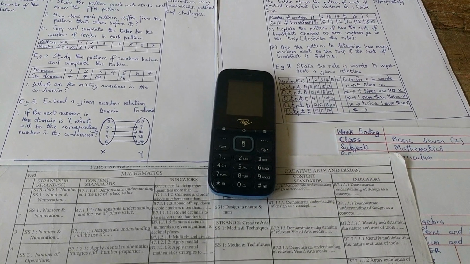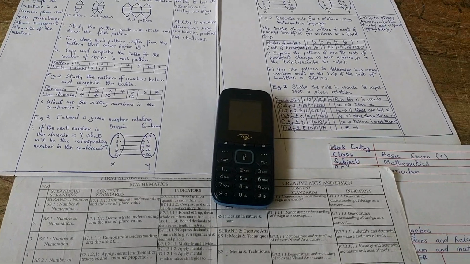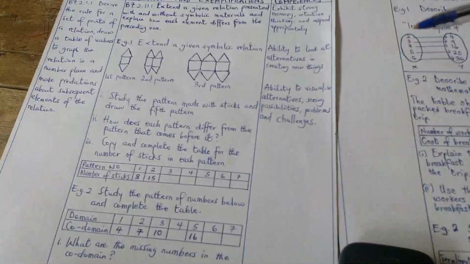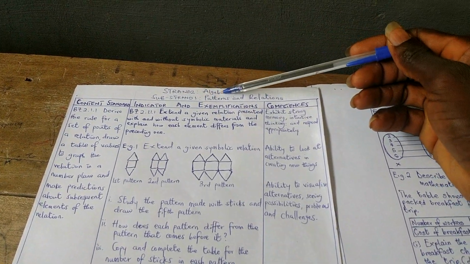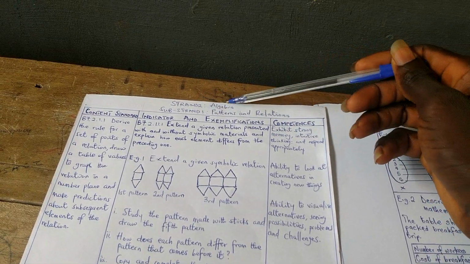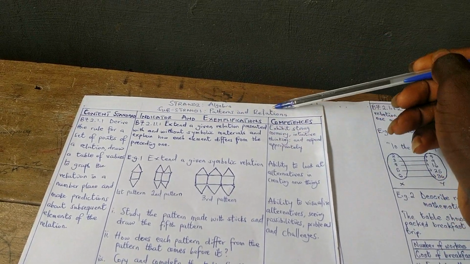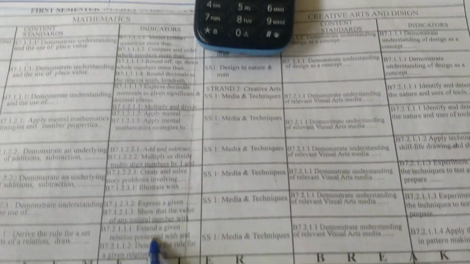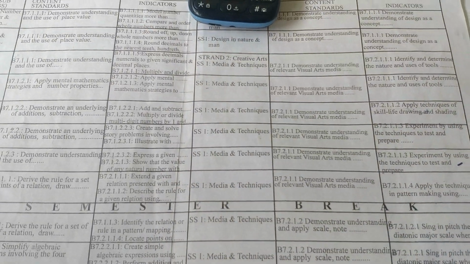Then you also have to teach: describe the rule for a given relation using. So when you come to the curriculum, we have strand 2, algebra, substrand 1, patterns and relations. What we read from the scheme of work is: extend a given relation presented with.